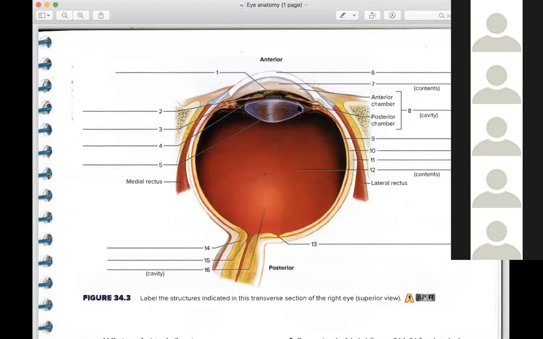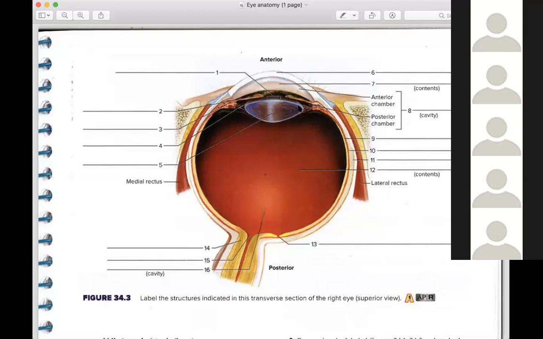The eye, like the ear, is divided up into three areas. If you start on the outside of the eye, we call that the outer or the fibrous tunic. Once you move in, we call that the middle or the vascular tunic. And even farther in, you have the inner nervous tunic. The names indicate some function.